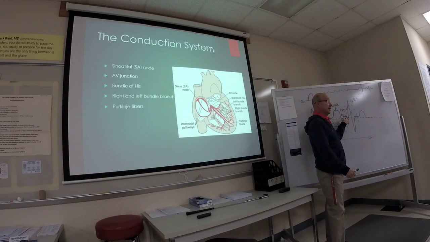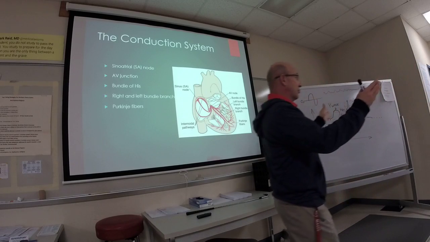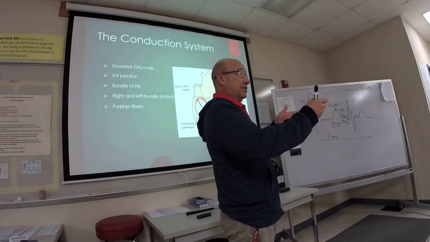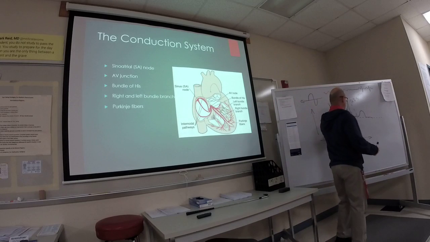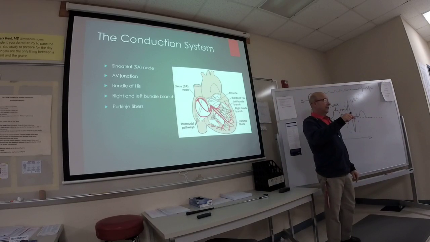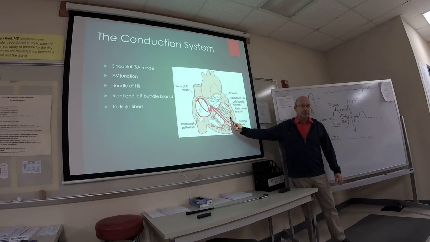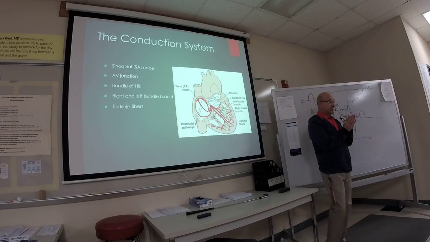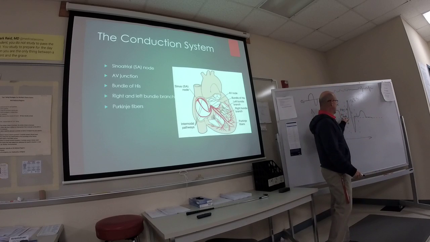What happens here, it's a backup system, because if the AV node doesn't get a response from the SA node, I mean, it's sitting there waiting. It's waiting for this electrical response. If it doesn't get a response, what the AV node will do, it will depolarize. Because if it doesn't depolarize, then we're not going to get this electrical stimulus or energy to the ventricles to cause ventricular contraction, correct? So it will go ahead and depolarize.